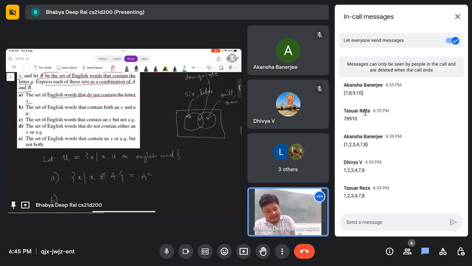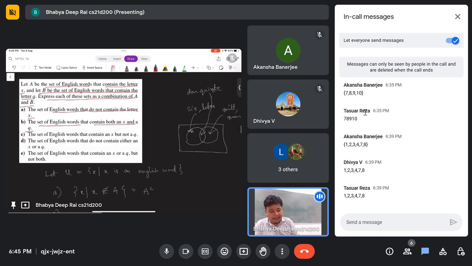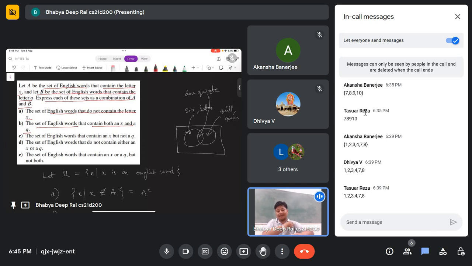Next question, the set of English words that contain both an X and a Q. It is pretty evident from the question itself. Can you tell me how I can represent it as a combination of A and B?